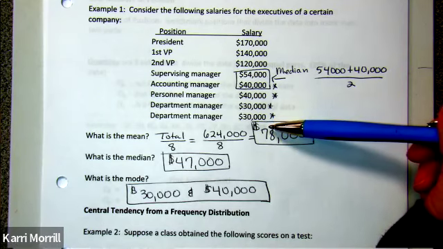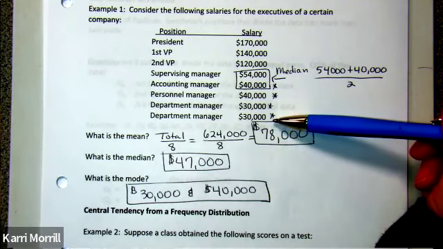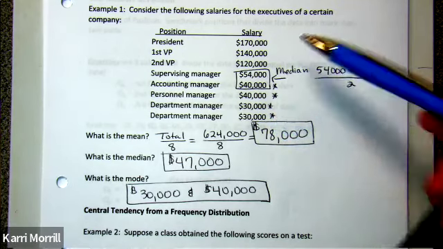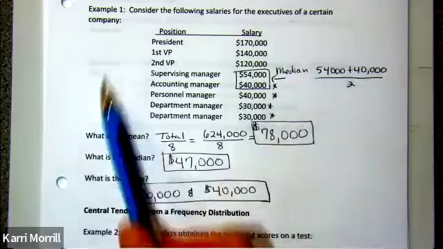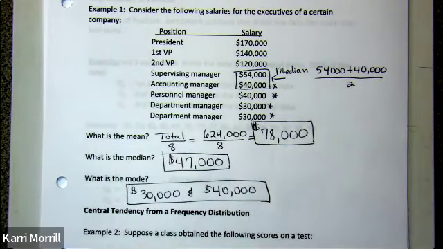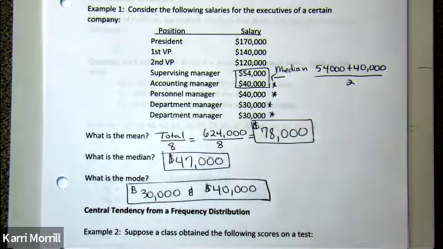So that's why some measures of tendency are more appropriate for different situations than others. In my opinion, in this scenario, I think mode says more about this company than the others because most people are making 40,000 or less in that group of people, right?